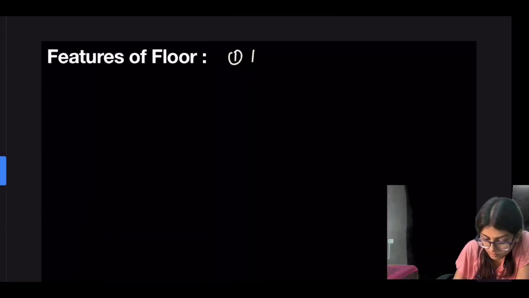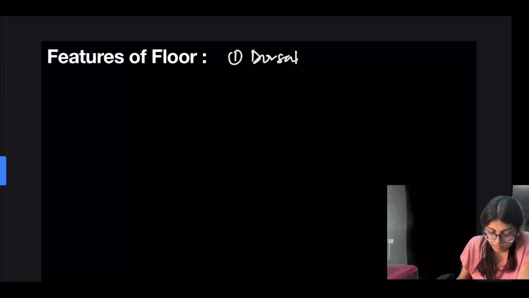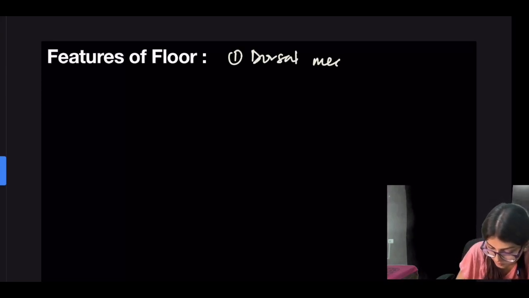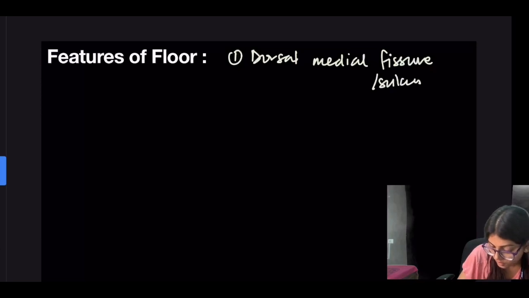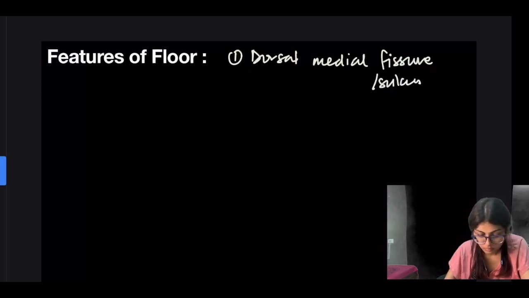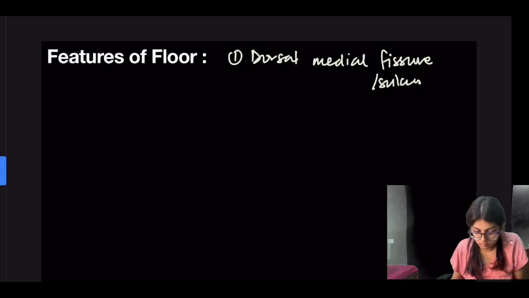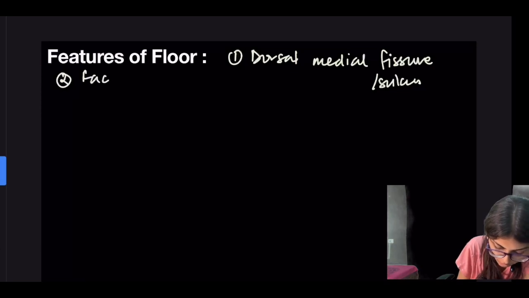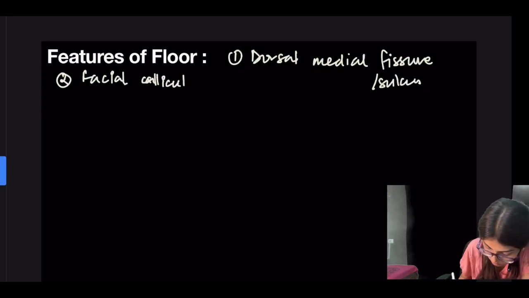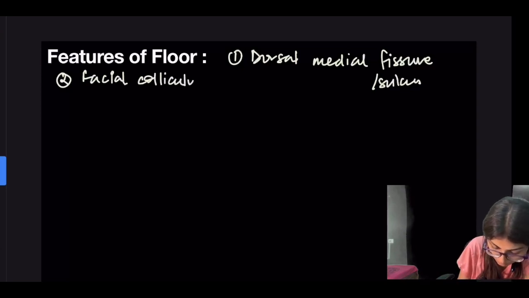First is our dorsal median fissure or sulcus, and we will have the facial colliculus.